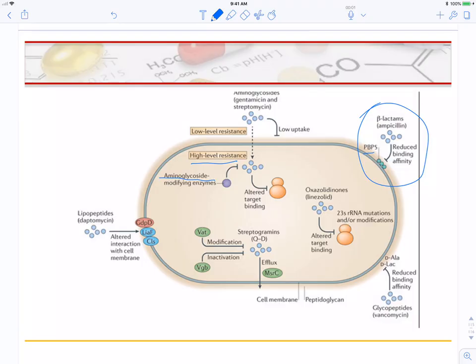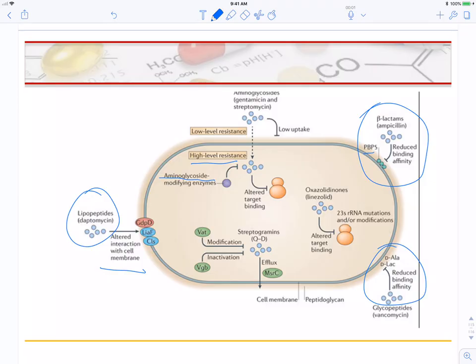We have seen for vancomycin the mutation of D-Ala-D-Ala to D-Ala-D-Lac. We have also seen in other antibiotics simply the alteration of the interaction with the cell membrane, and that's true for lipopeptides. And in general, those are the main mechanisms that we'll find.